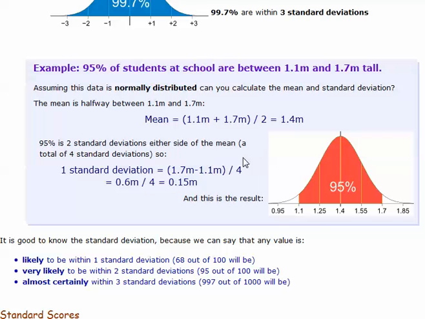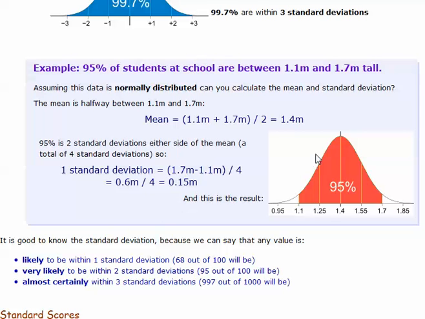So to find 1 standard deviation, you find the difference between the top value and the bottom value, 1.7 minus 1.1, and then you divide by 4 because there are 4 standard deviations within this region, 2 on each side of the mean. Then you get the standard deviation is 0.15 meters.